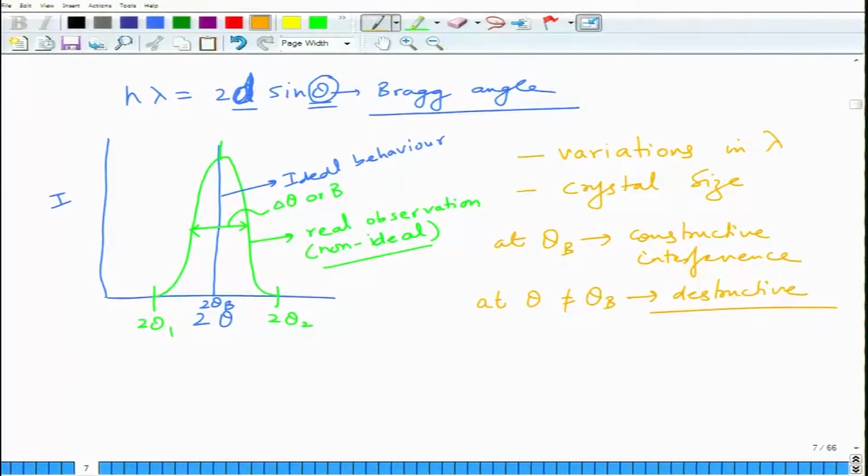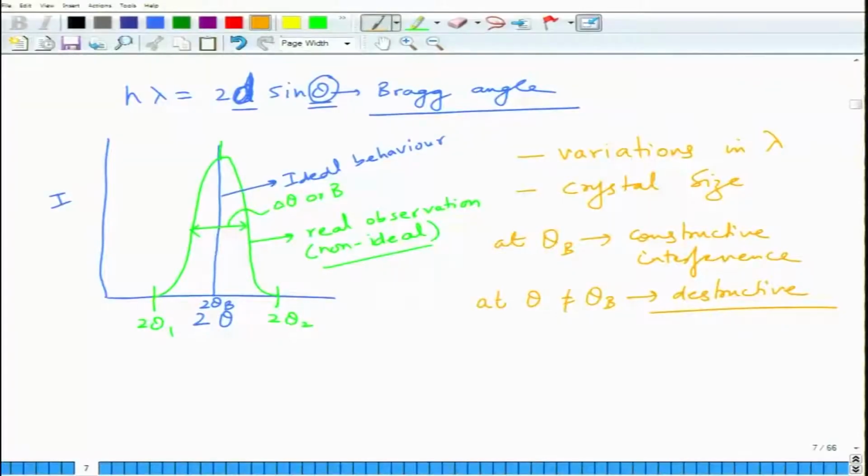However, if the destructive interference is not complete because of size effects, because the crystal is not thick enough to give complete destructive interference, then you will not have complete suppression of intensity, rather you will have mild suppression of intensity.